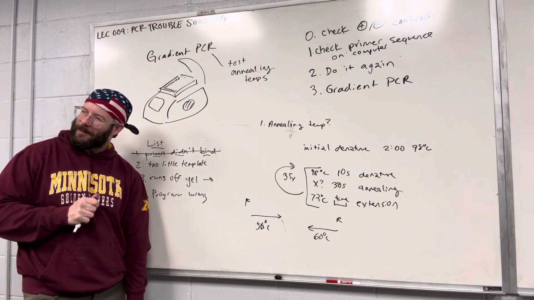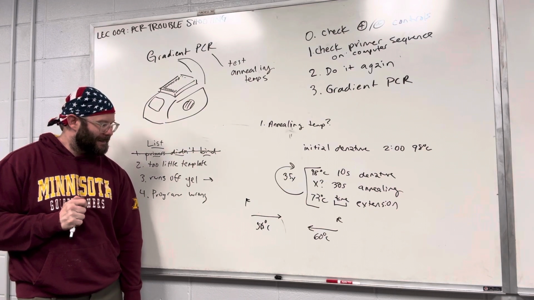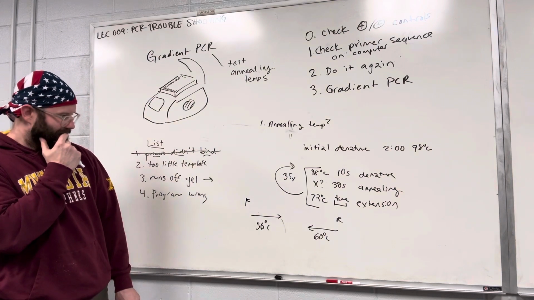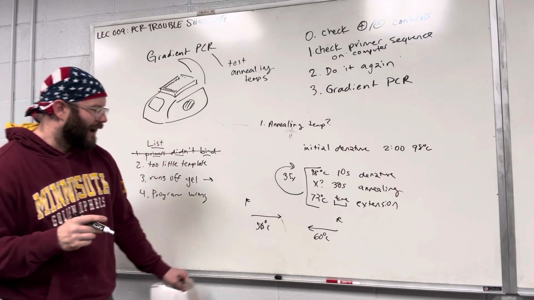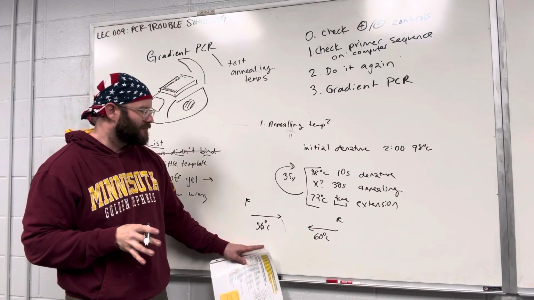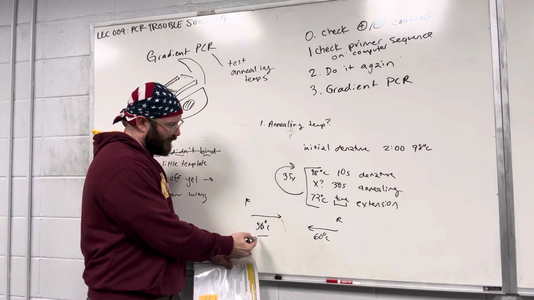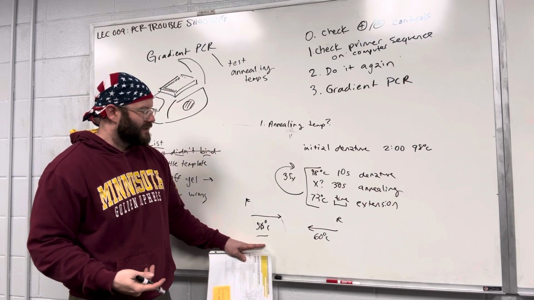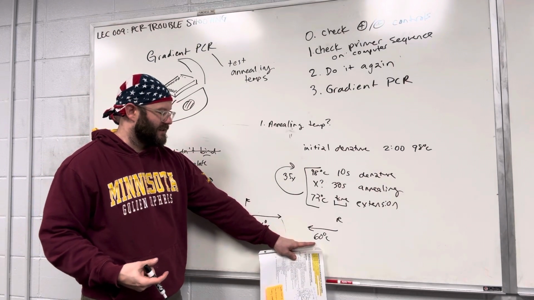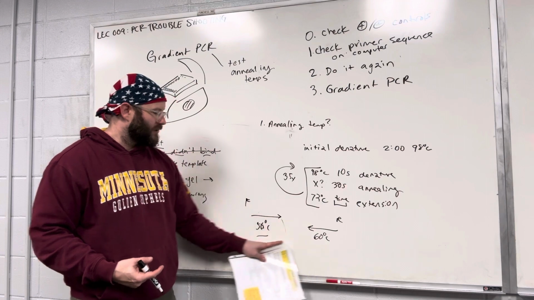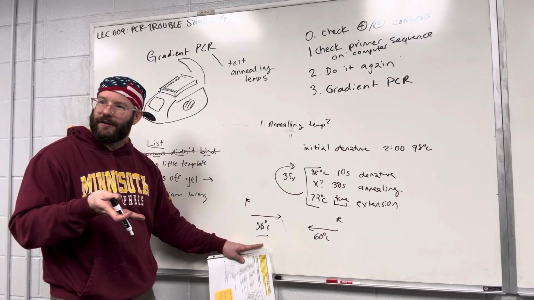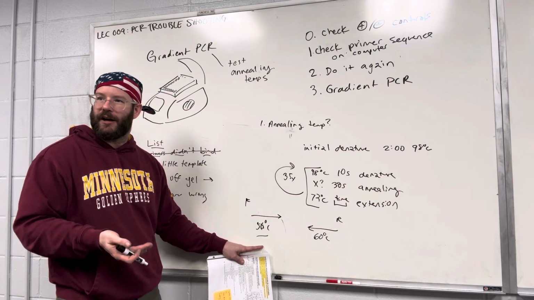Why? Because at least it hits 50 degrees Celsius and 60. So I think about it opposite. So my rule is always pick the lower temperature. And the reason is because if you anneal at 60 degrees Celsius, what's gonna happen with the lower primer? Is it gonna be a looser bind or a tighter bind?